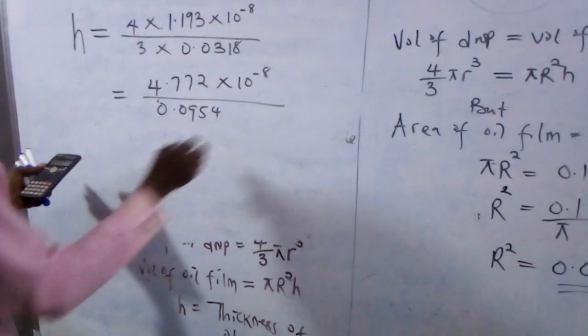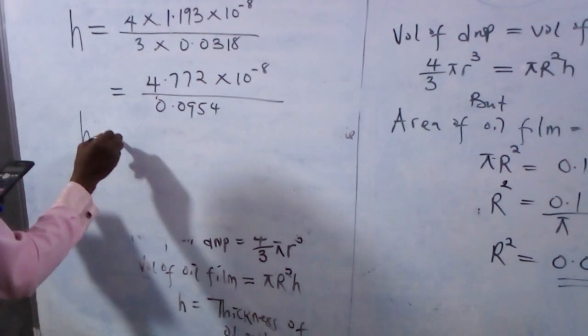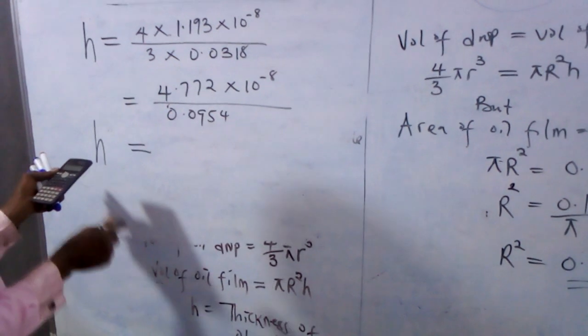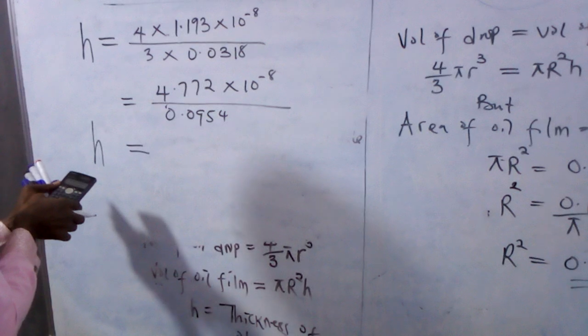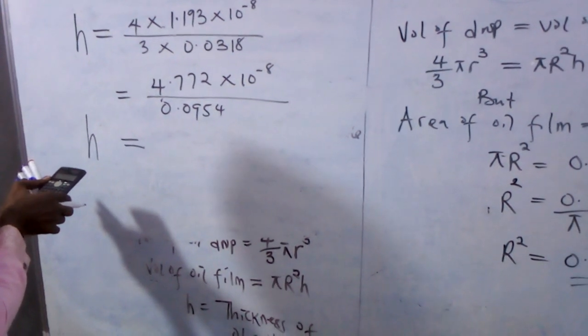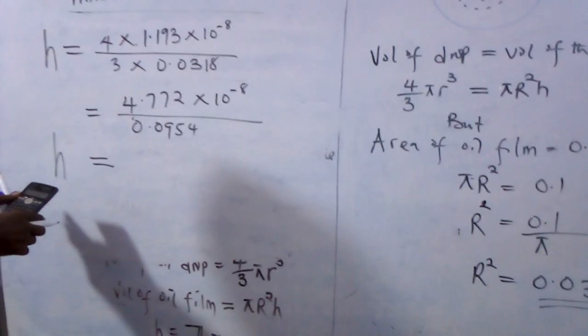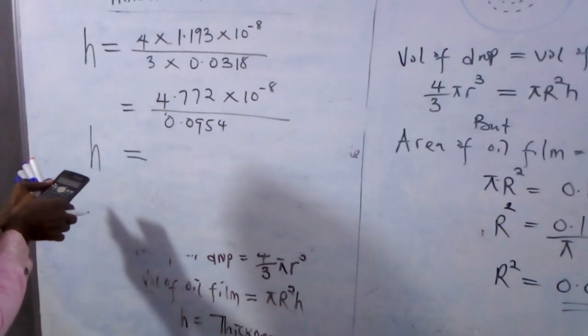So automatically the thickness of the oil molecule will be equal to 4.772 divided by 0.0954.